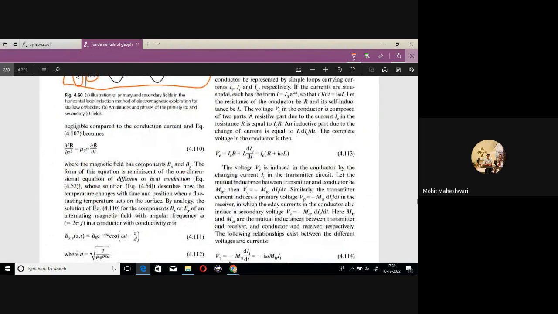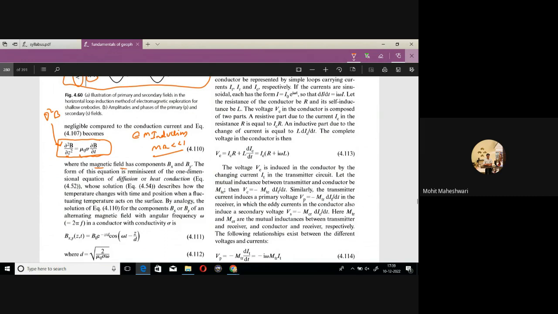So in case of the electromagnetic induction method, as we have seen, the magnitude ratio will be less than 1. In that case, the second term will be negligible, so only the first term will remain. So for the magnetic field condition, you can say del squared B. We have taken only the Z component, so this can be written as del squared B by del Z squared. The second term we have neglected, so only the first term remains.